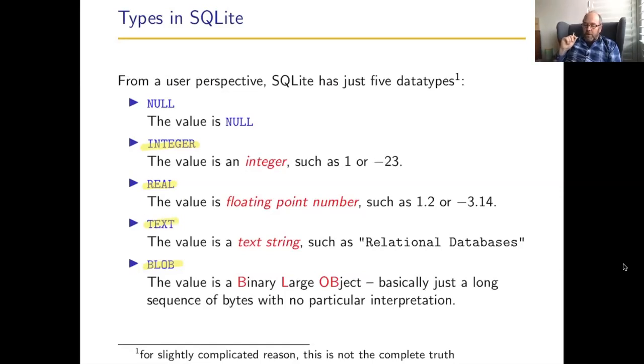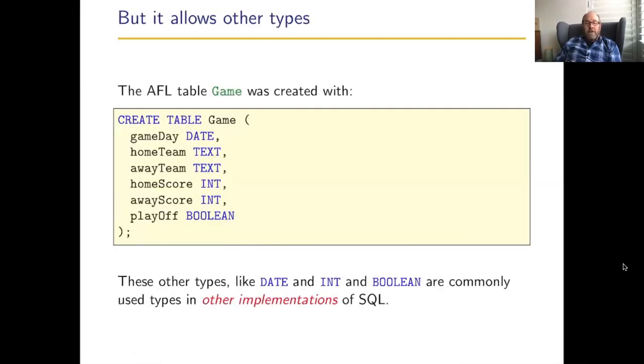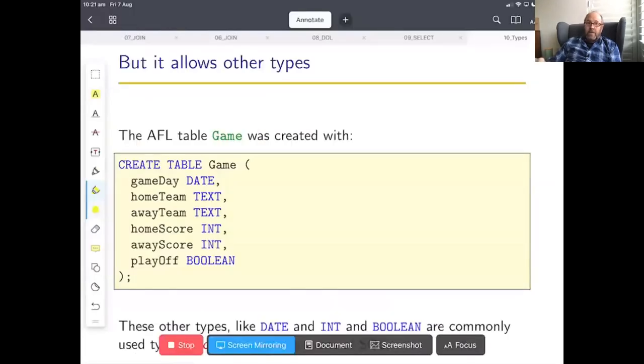Okay, you might have noticed, of course, that when we declared the AFL table game, we had things that were not integers or reals or texts. What did we have when we declared the AFL table game? Well, we had game day, which was a date.